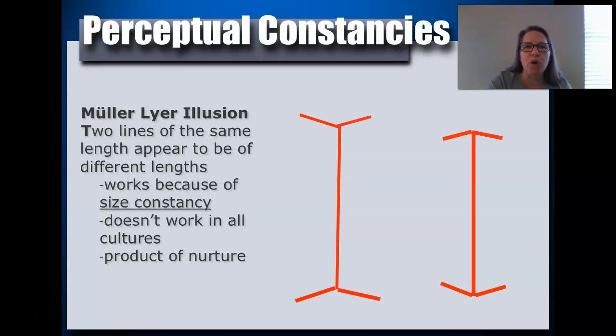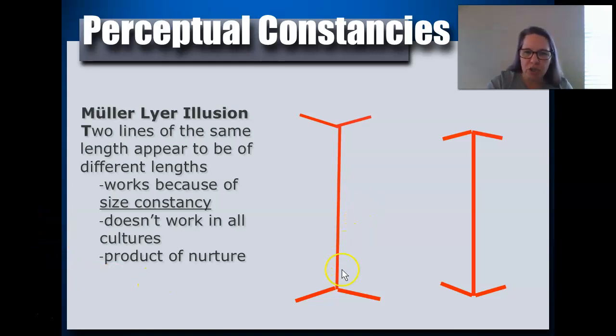Okay, and then the last one for the perceptual constancies is the Mueller-Lyer illusion. Two lines of the same length appear to be of different lengths. This works because of size constancy. And really, interestingly enough, it doesn't work in all places in the world. It doesn't work in all cultures.